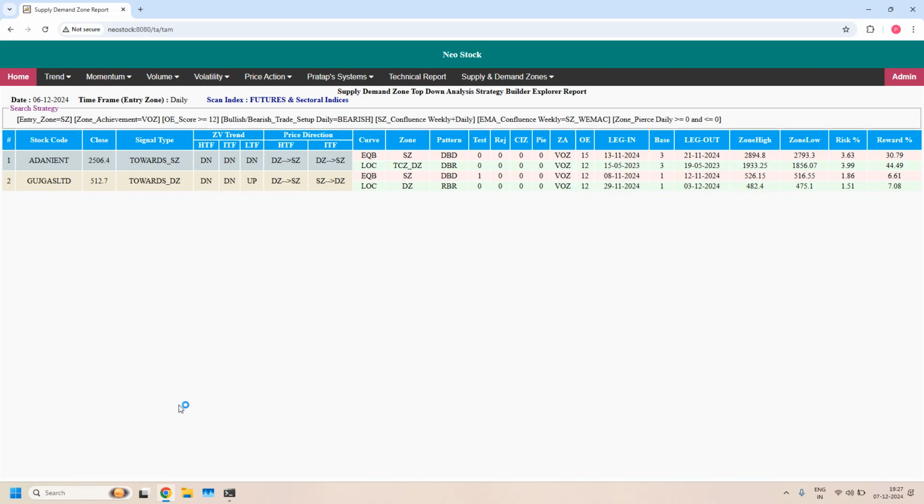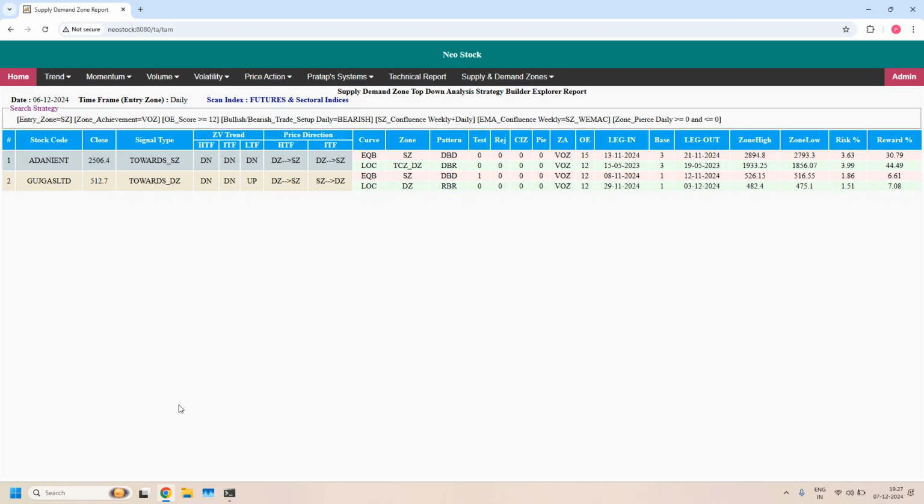Out of 4, we got 2 stocks. And in both these stocks, the daily supply zone is part of the weekly supply zone, and the weekly supply zone is having weekly EMA confluence. So in lesson 27, you learn these concepts. Okay, these two are even more high probability setup supported supply zones.